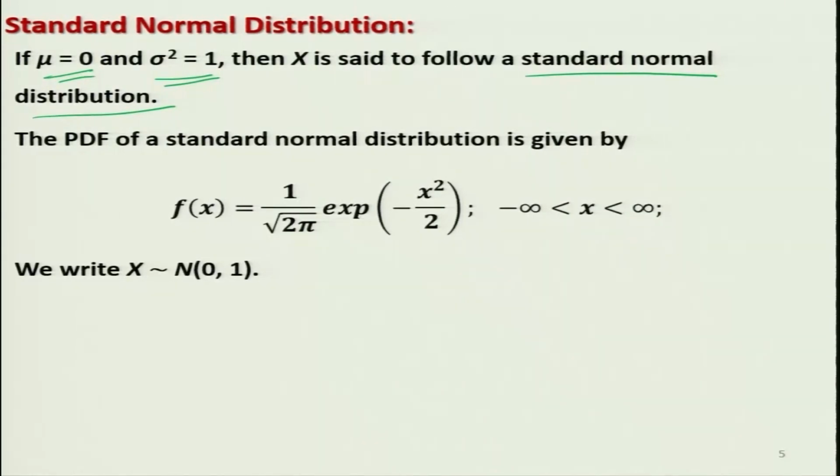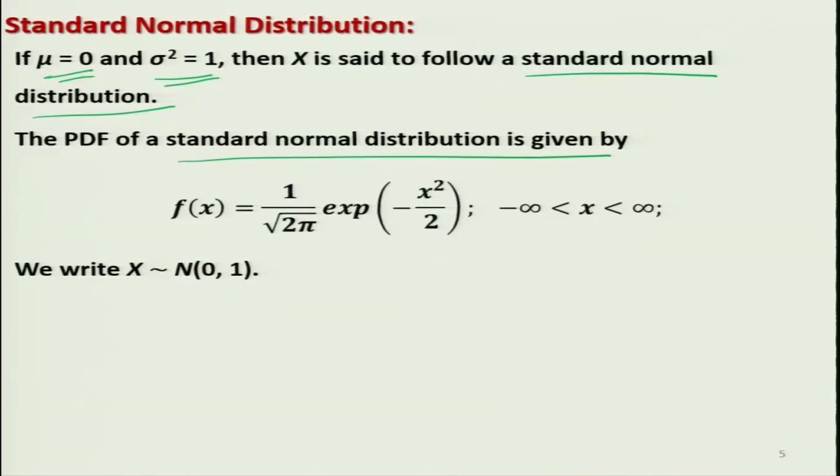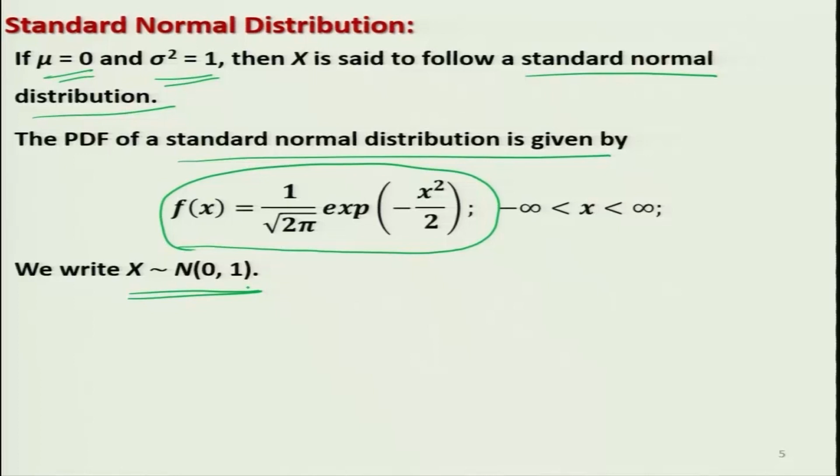So, obviously, the probability density function of a standard normal distribution is obtained by substituting mu equal to 0 and sigma square equal to 1 in this PDF. Then you will get f(x) equal to 1 upon square root of 2 pi, exponential of minus x square by 2, and x lies between minus infinity and plus infinity. And we write it as x follows normal(0, 1).